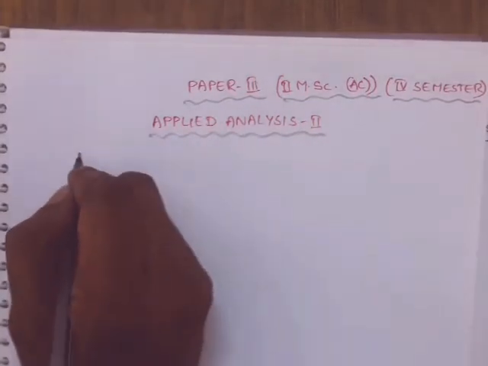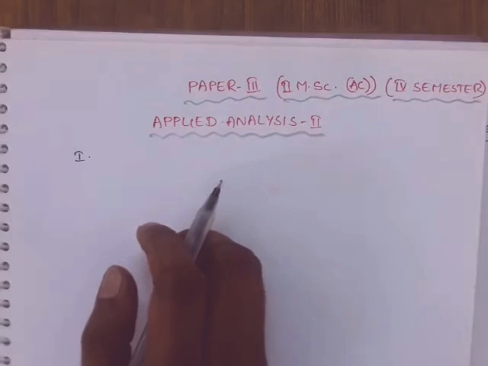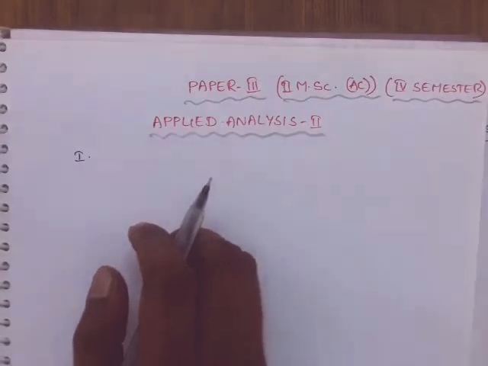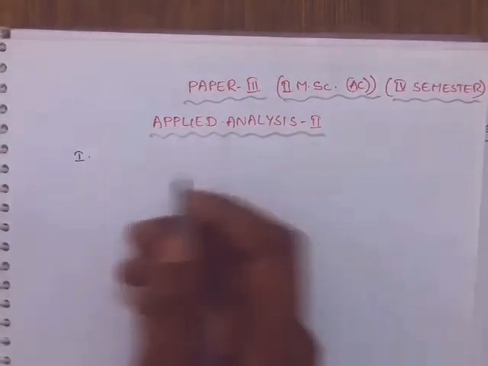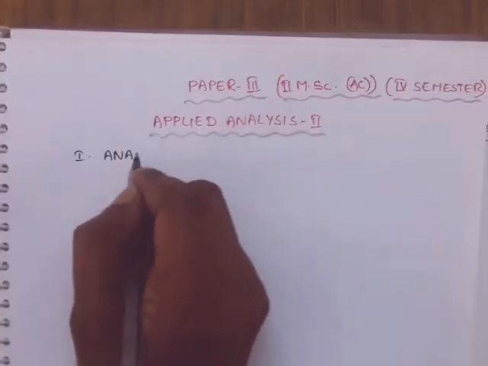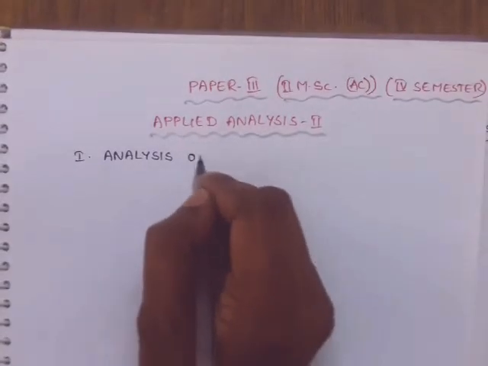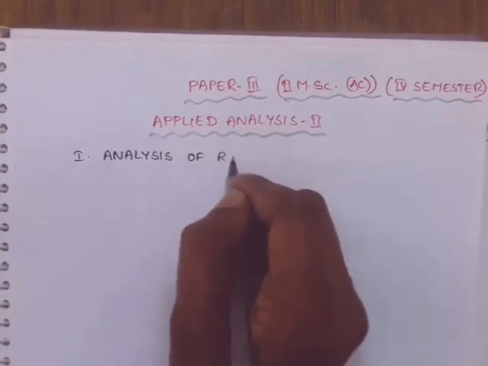First unit in Applied Analysis 2 is analysis of raw materials.